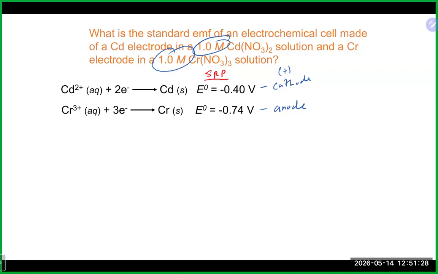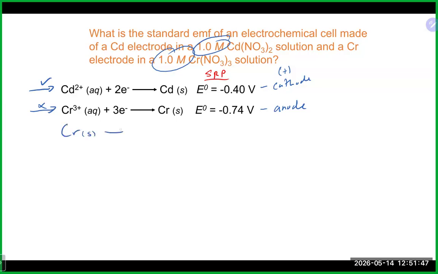Technically speaking, this equation is good. It's written correctly, as a reduction reaction. This equation is not so good, because it should be an oxidation reaction, which means the anode is the one I have to reverse.